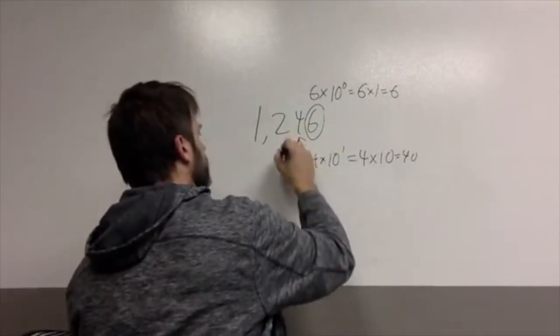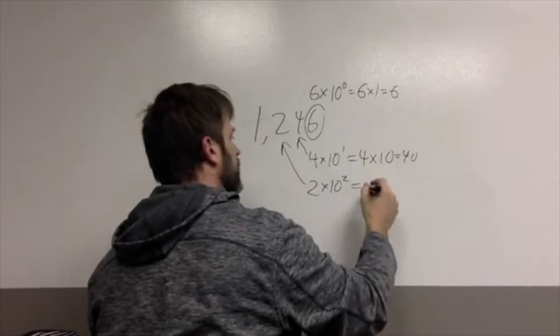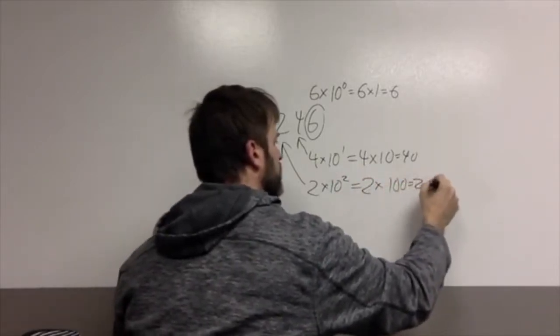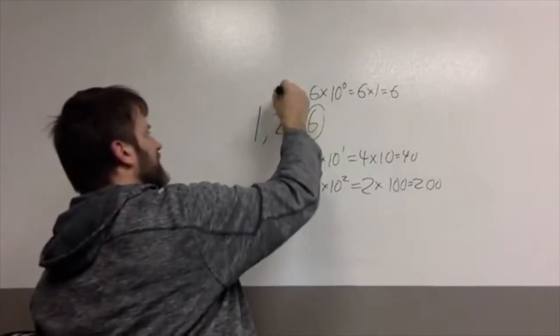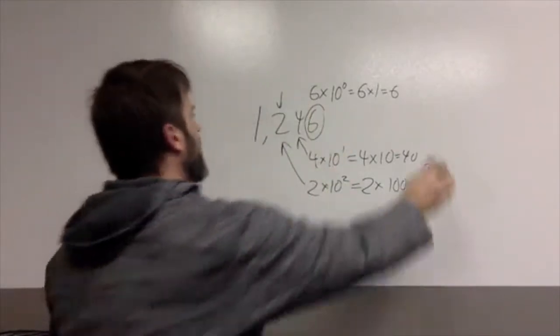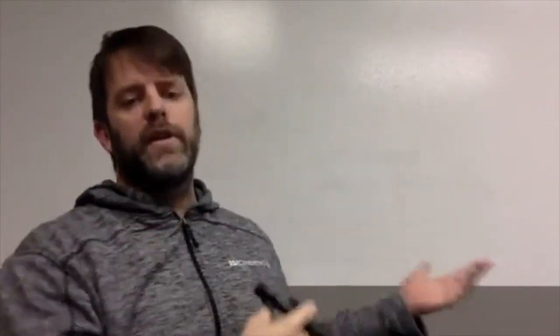This one is 2 times 10 to the second power, which is 2 times 100. So the value of this digit is 200. So our decimal numbers work exactly the same way, except that it's powers of 10 instead of powers of 2. So that's the math way of viewing binary numbers and converting binary numbers to decimal.